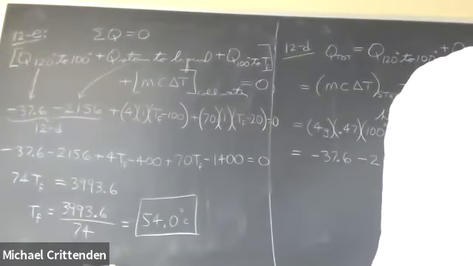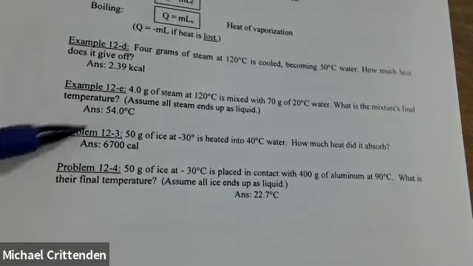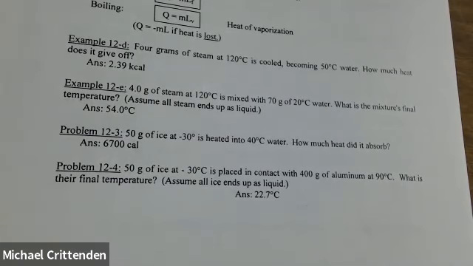Okay, what I have waiting for you over here is the main difference between these two and the ones that I just wrote out for you: in the ones I just did, you've got steam that's cooling off.